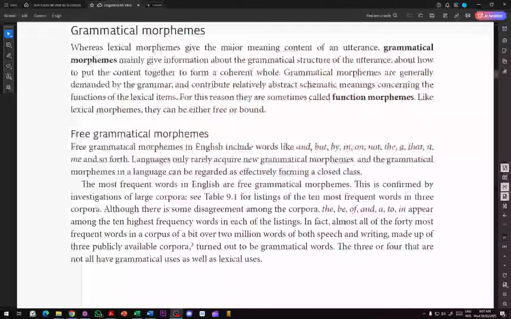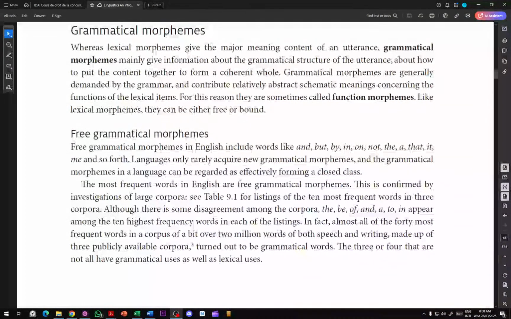In fact, almost all of the 40 most frequent words in a corpus of a bit over 2 million words of both speech and writing, made up of 3 publicly available corpora, turned out to be grammatical words.